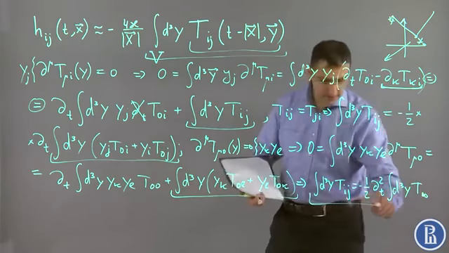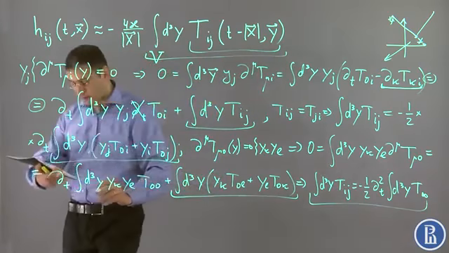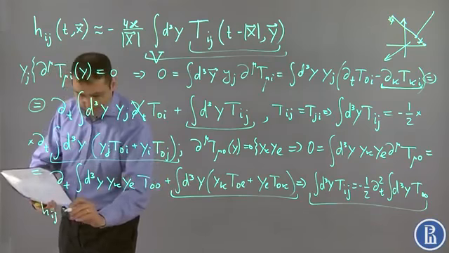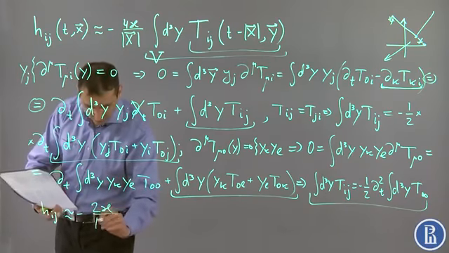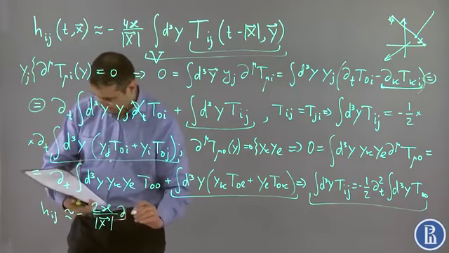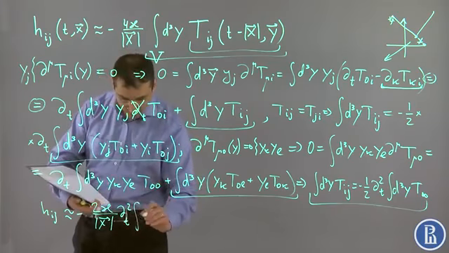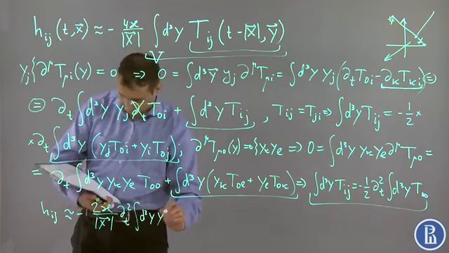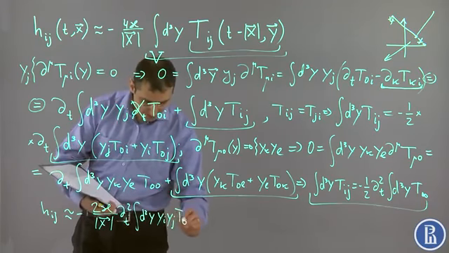Now, using this in here, we obtain that Hij is approximately equal to minus 2 kappa over modulus of x times dt squared of the integral over d3y yi yj t00.